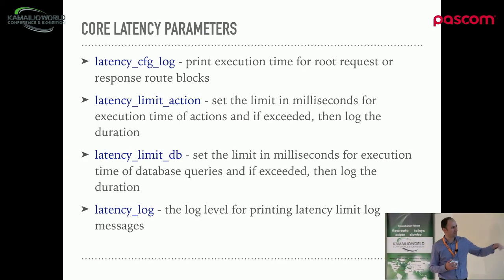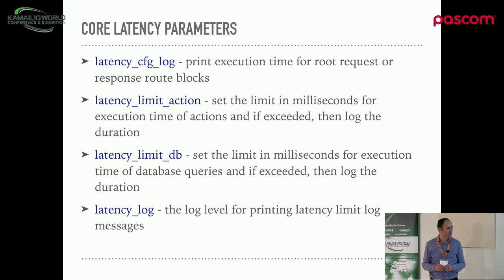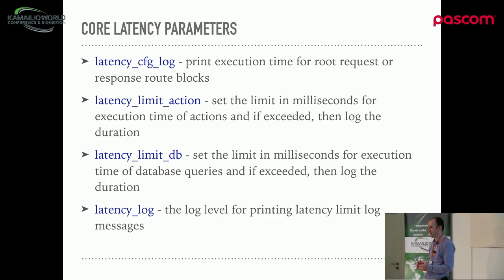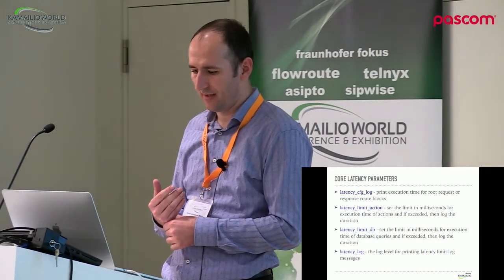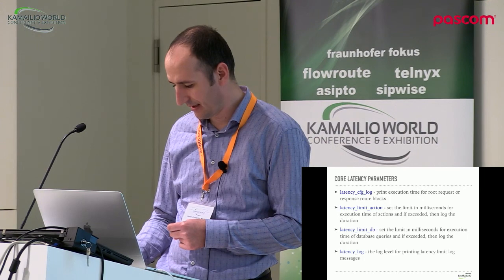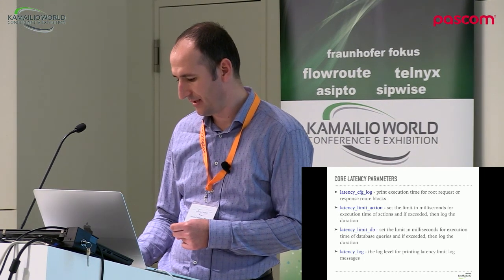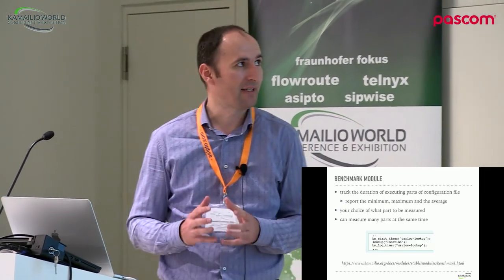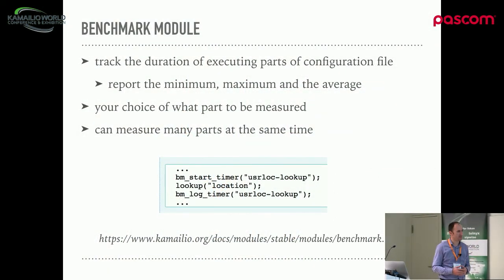And somehow related, but not specific to latency duration, is latency_log. This would be the log level for printing these latency-related messages. We actually have a dedicated module, so that's part of the core.